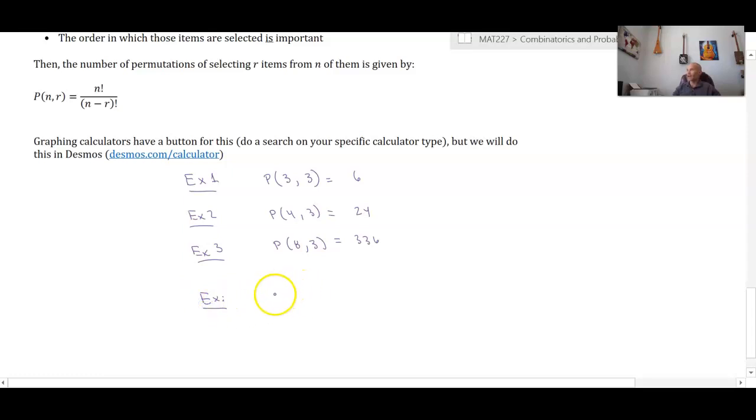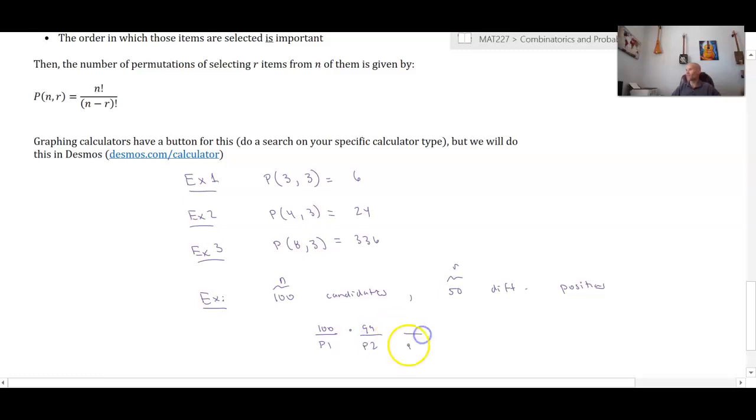Let's say I have 100 candidates and 50 different positions. So if this is in line with what we were doing above, there's our n, there's our r. For the first position, we have 100 candidates. For position 2, we have 99 candidates.